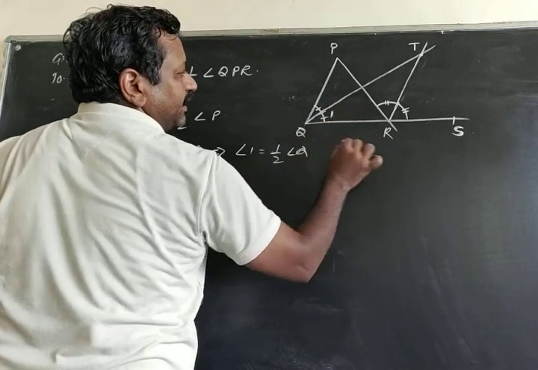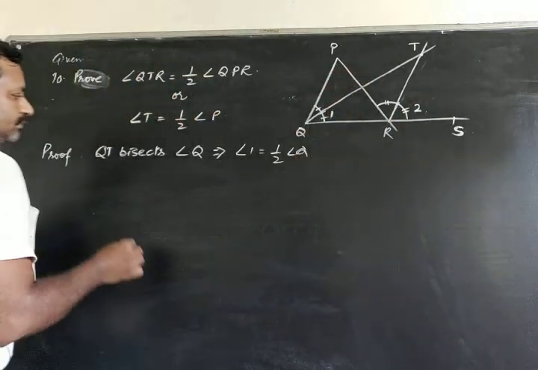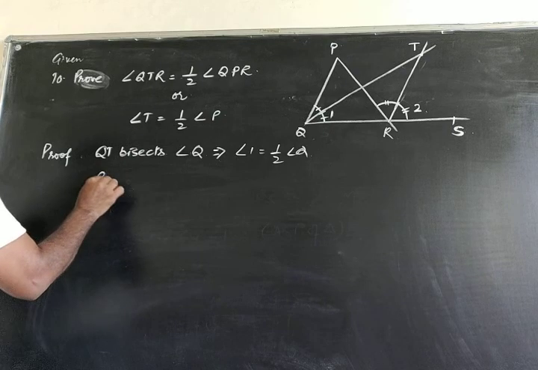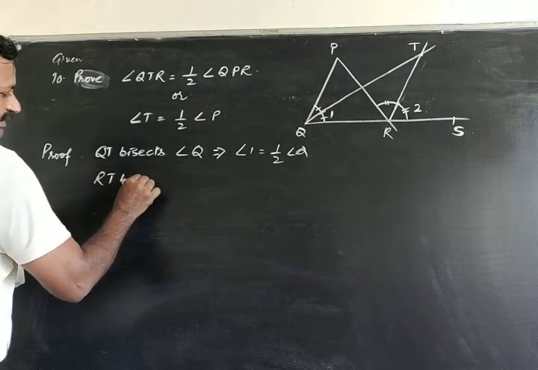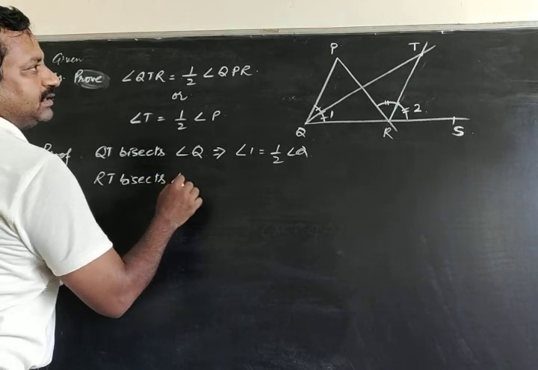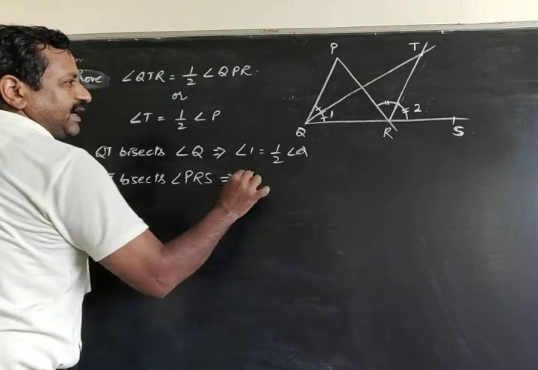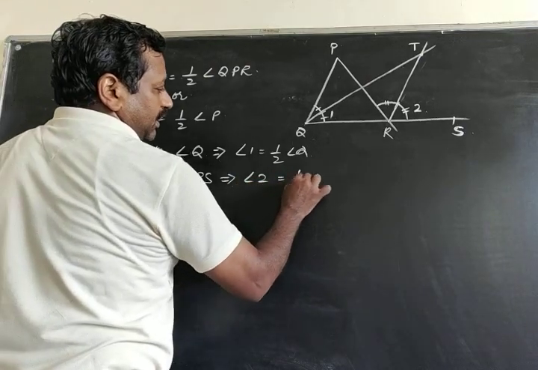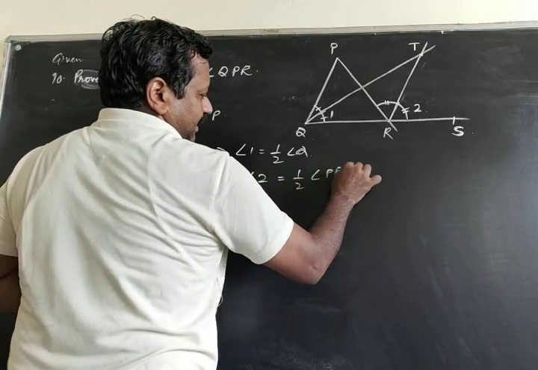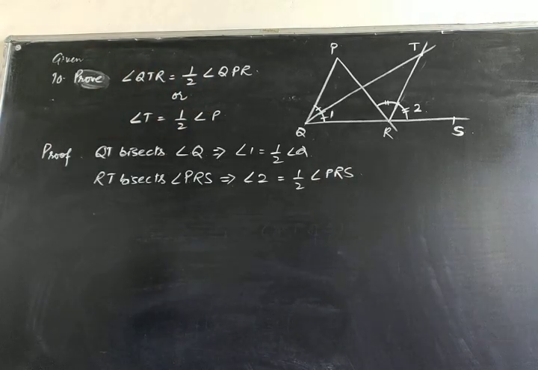तो यहाँ एंगल 1 आ गया और यहाँ एंगल 2 ले रहे हैं. RT bisects angle PRS. It implies angle 2 equals half angle PRS. तो सबसे पहले हमने जो बाइसेक्टर्स दिए हुए हैं क्वेश्चन में, उनका मीनिंग लिख लिया.